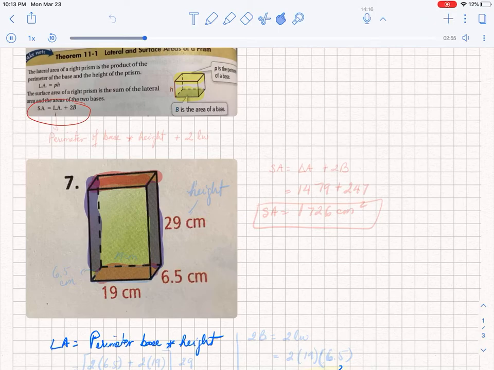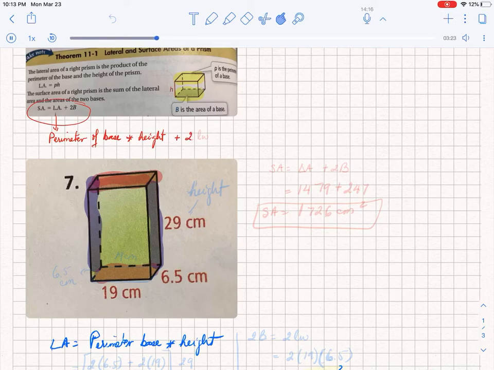What I want you to do is take the perimeter of the base and multiply it by the height. That is my lateral. And you add it together with the two bases.